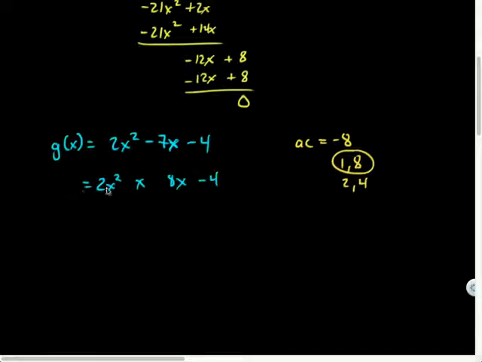And what are those signs going to be? They're different because they multiply to be negative. Yeah, minus 8x and plus 1x, right? Because they have to combine to be the more negative 7, so the more influential one had to be negative. Now I do the old factor by grouping. First one I could factor out an x, and I'd get 2x plus 1.